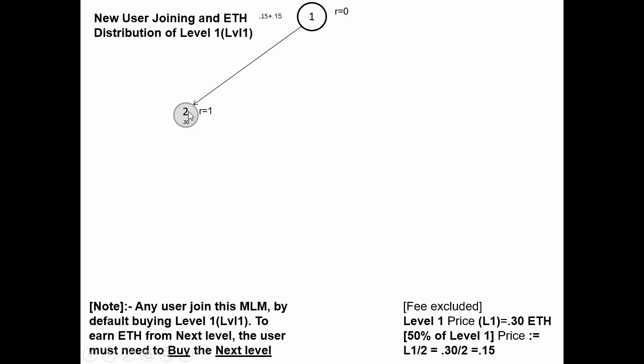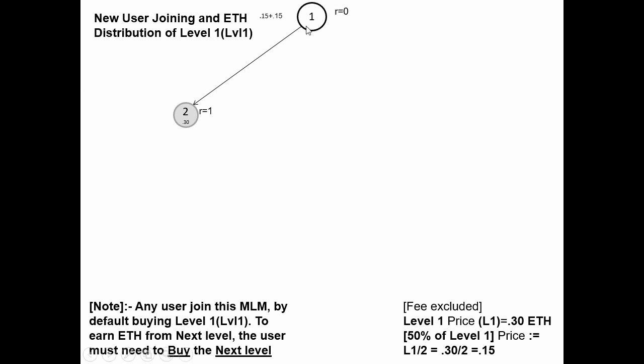This 0.15 will go to user 1 because he brought this user in, and the 0.15 is 50% of the level 1 price. Here you can see, the money will go to number 1 as it is connected directly with this user 1. Let's move forward and you will understand everything.